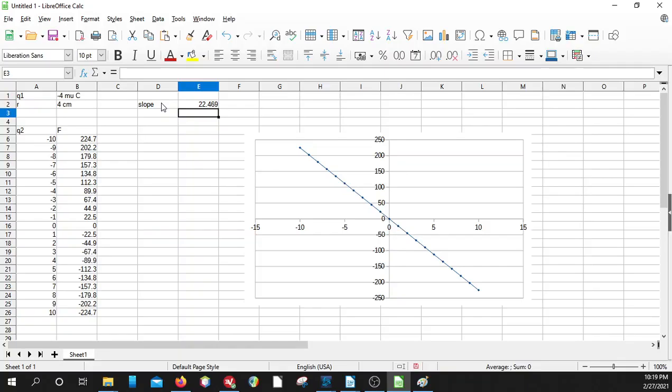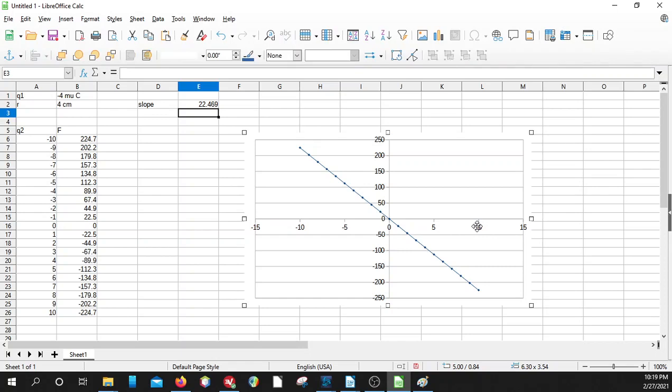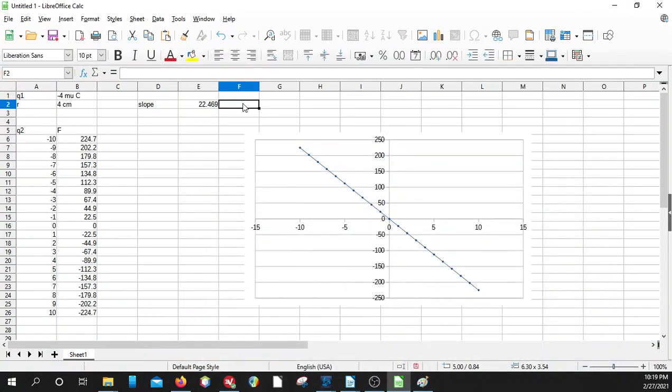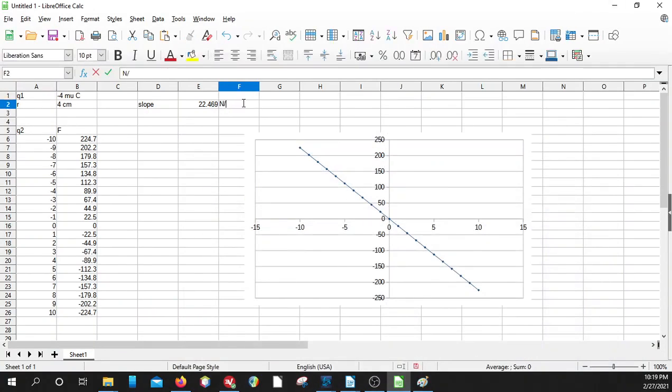And ultimately, what we want to do is find our constant K. Remember, the force is in newtons and the charge is in microcoulombs. So our slope has units of newtons over microcoulombs.